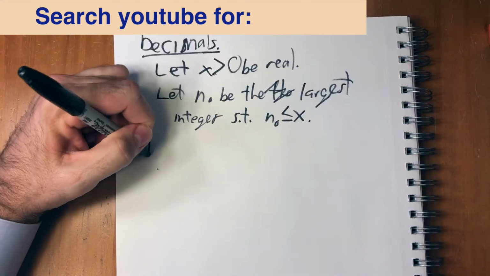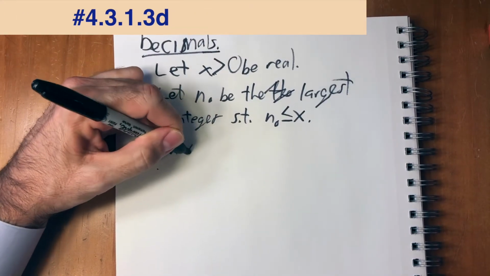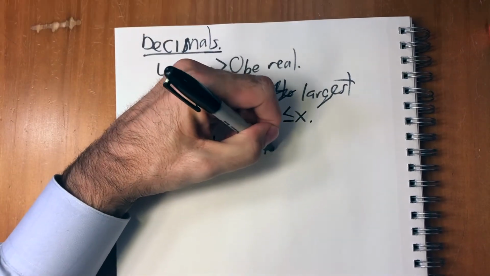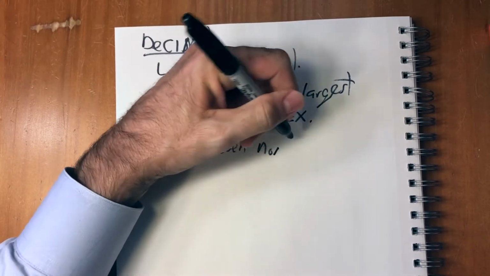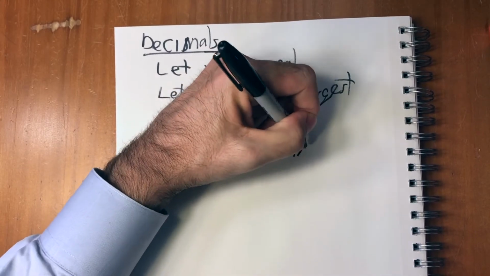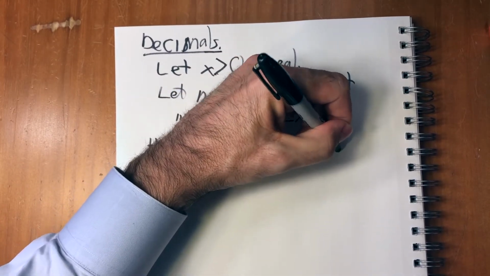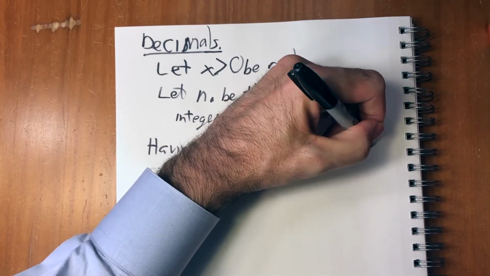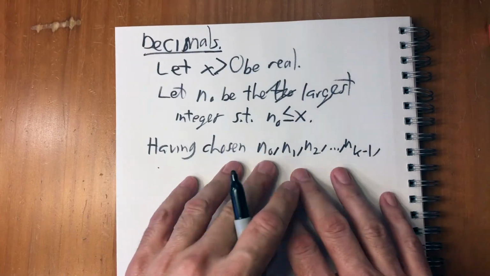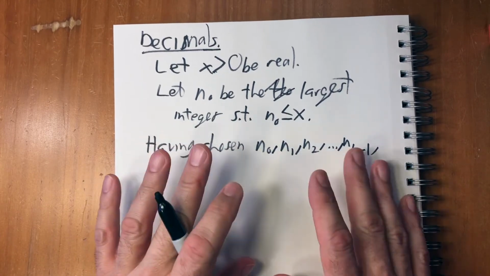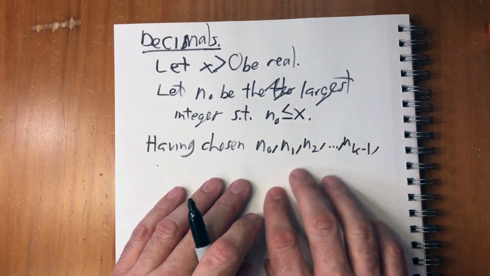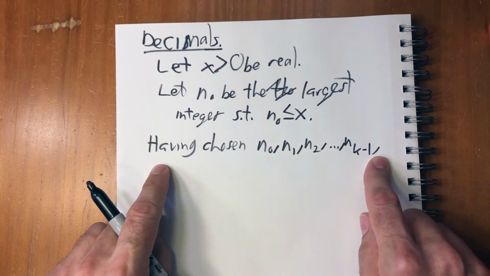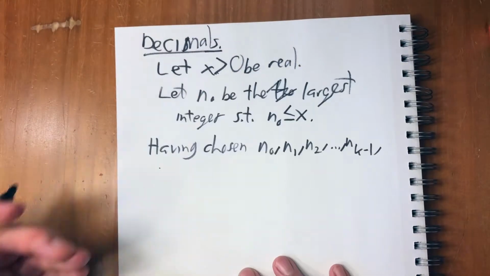So now, assuming that we've chosen n0, n1, n2, up to n_{k-1}. So this is another form of the induction principle in a way, that we're just going to assume that you've already chosen some number of these. So now we're going to look at the next one in line.